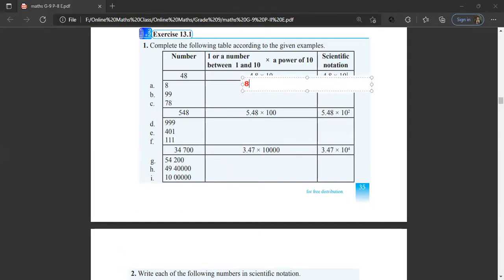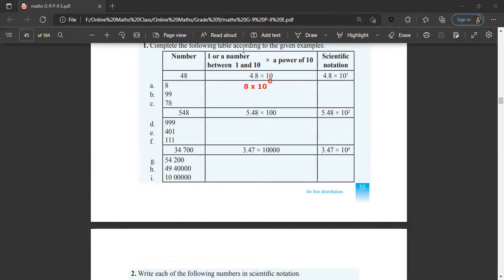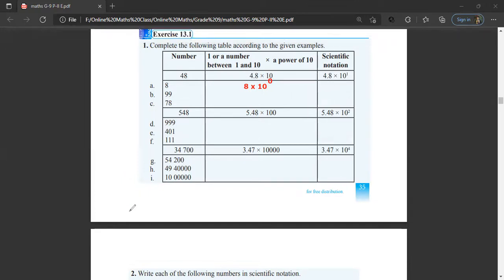8 into 10 to the power, the number is 0, right? 10 to the power 0 means 1, no?